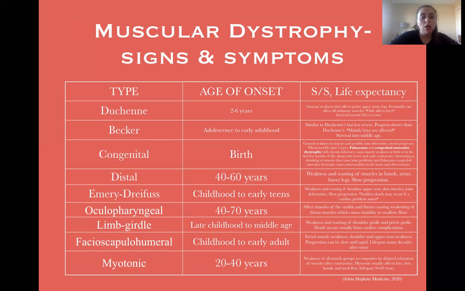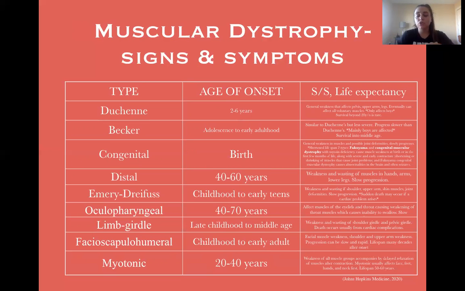And let's go to distal. Distal hits 40 to 60-year-olds. Weakness and wasting of muscles in the hands, arms, and lower legs. Again, it is a slow progression. A lot of these different muscular dystrophies progress slowly. However, with the facioscapulohumeral, where the onset is child to early adult, I thought this was interesting.